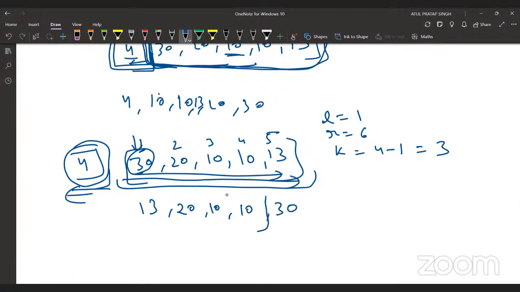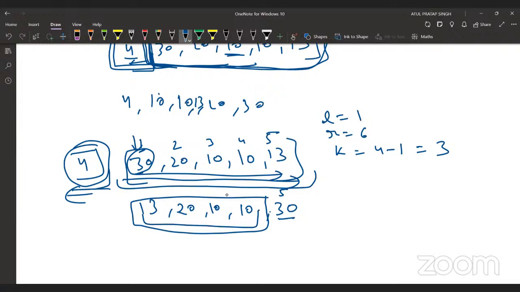All elements before it are smaller than 30, and it is coming at the 5th index. So we can say that this is the 5th smallest element. So we will perform our quick select algorithm on this part once again.